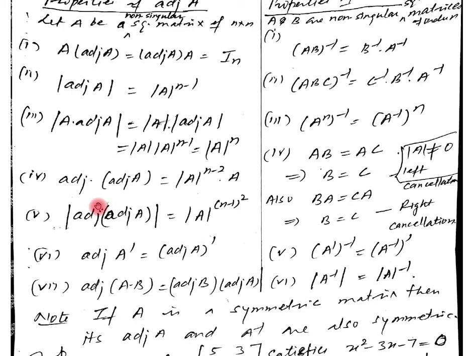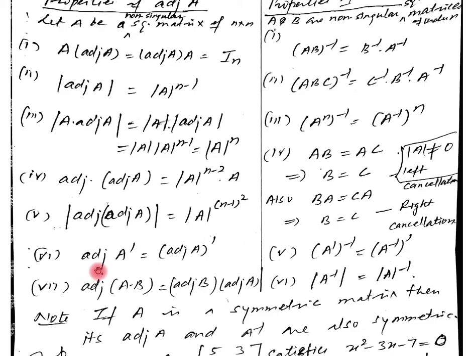Similarly, the next is adjoint of adjoint of A. It is equal to determinant of A raised to power n minus 2 into the matrix A itself. Then, if we take the determinant of adjoint of adjoint of A, it becomes determinant of A whole power n minus 1 squared.